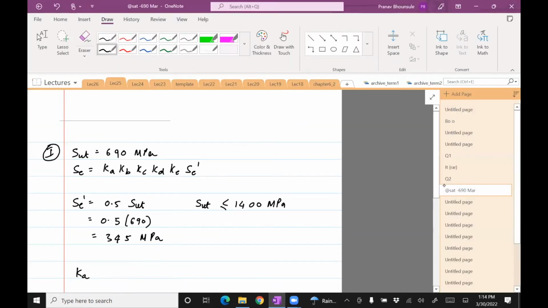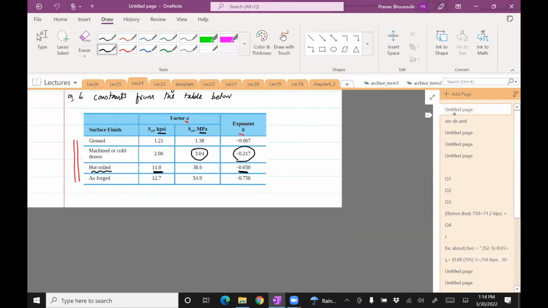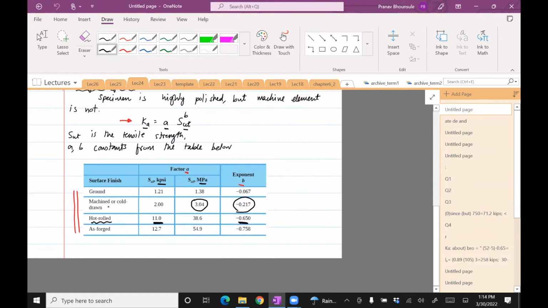In this case, the finishing is machined from cold drawn steel, so let's see if there's something for that. Machined or cold drawn, right here. There are two values for a, one depending on kpsi and one on MPa.